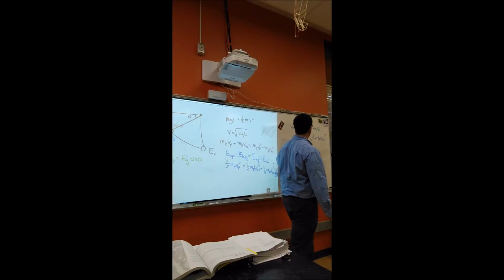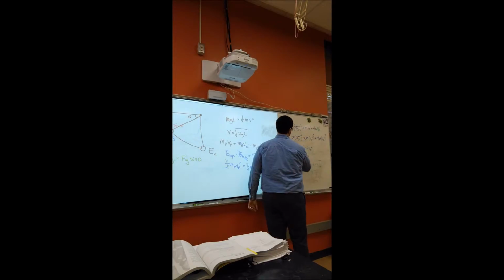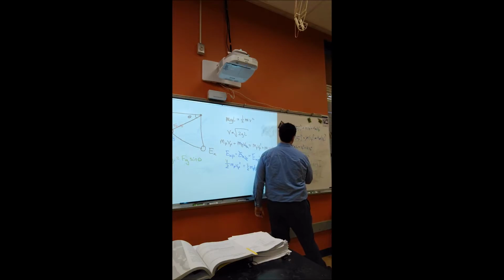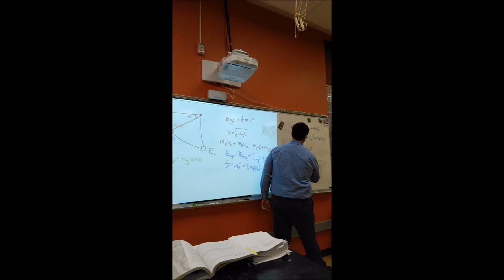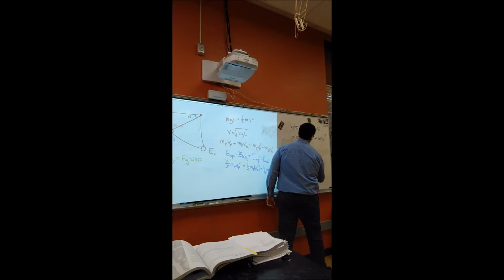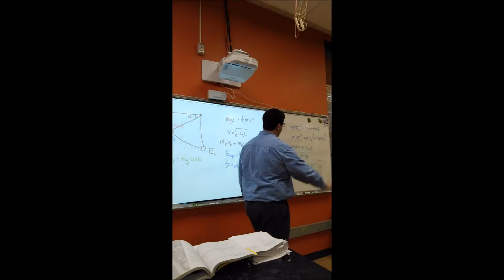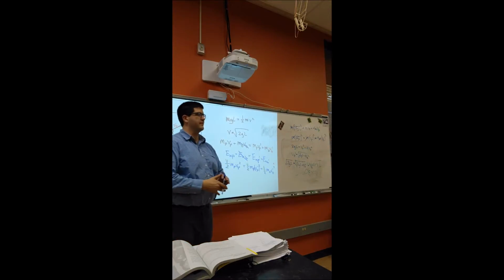I plug this into the initial equation, this is Vp prime. And so then we end up getting square root 2gl equals square root of 2gl minus 4Vb squared plus Vb prime. So you get this whole elaborate thing, and you can solve for Vb prime from here.